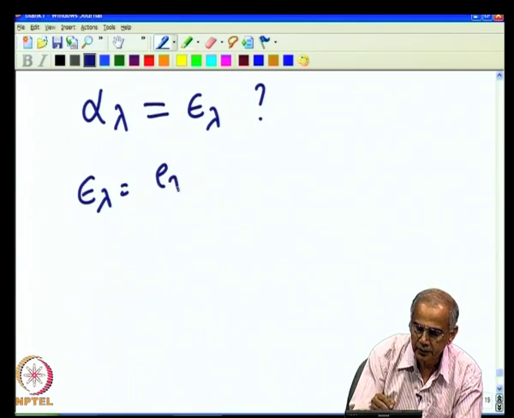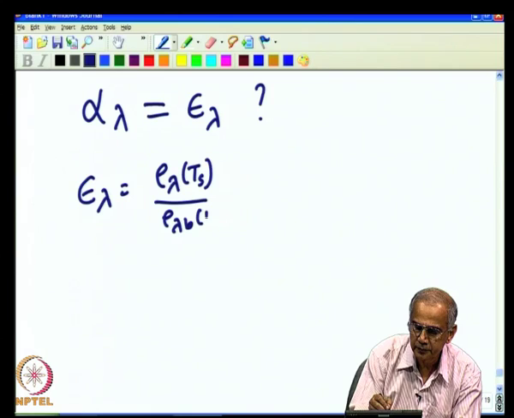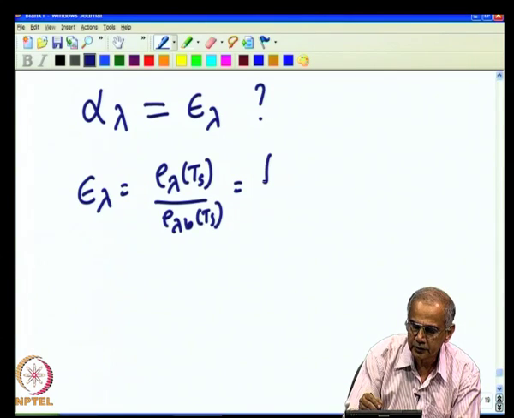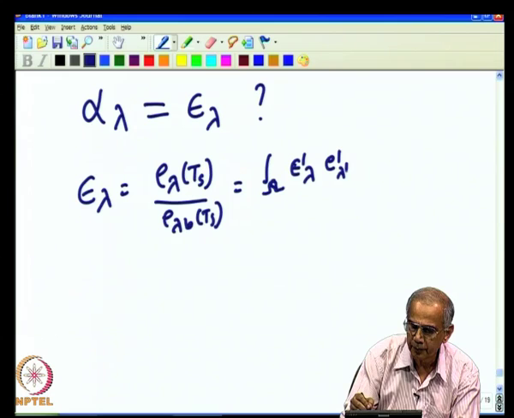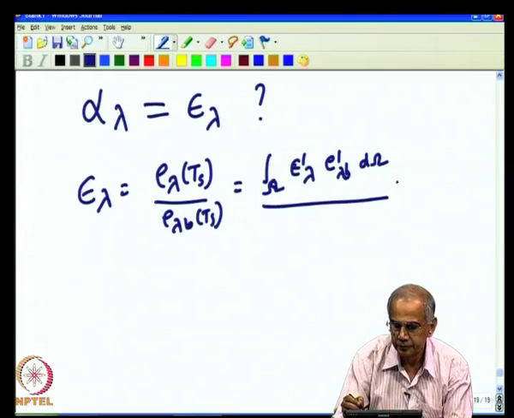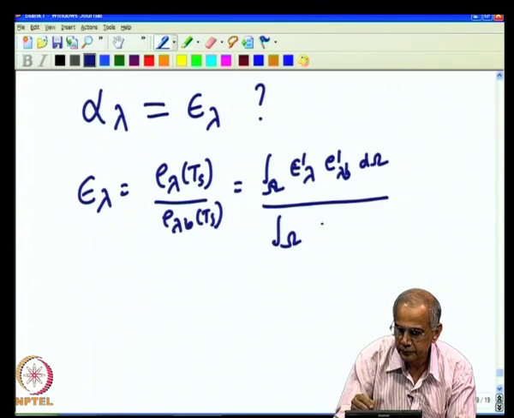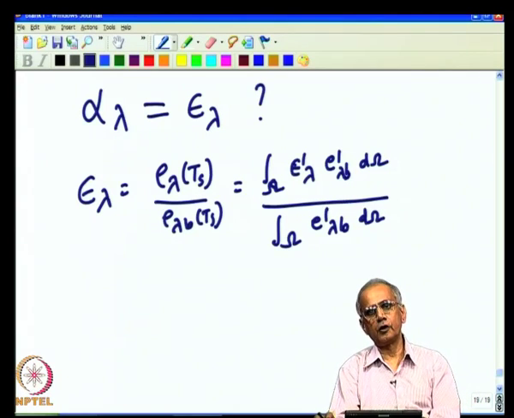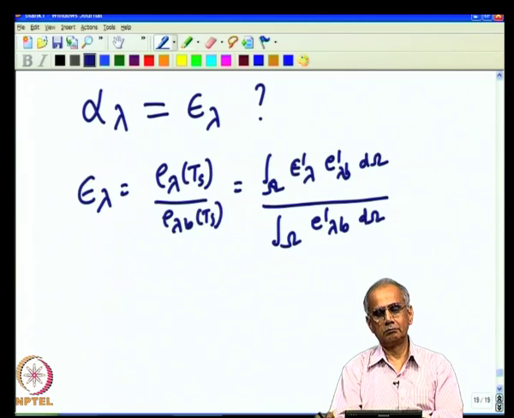We define this as E lambda of T s by E lambda b of T s, that is, integral over omega of epsilon prime lambda E prime lambda b d omega, divided by integral of E prime lambda b d omega. So, we are obtaining a hemispherical quantity by averaging over angle.